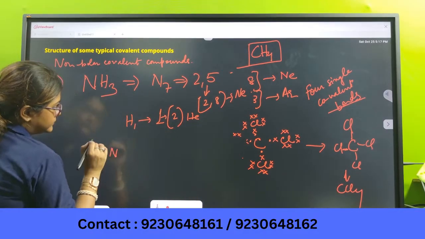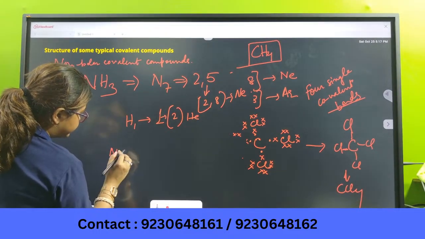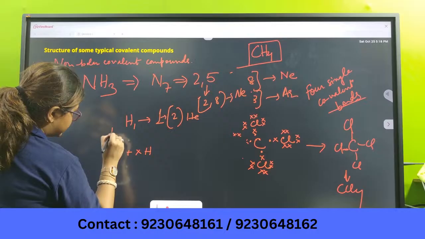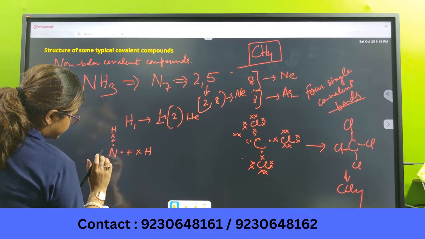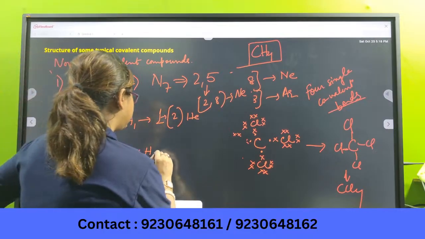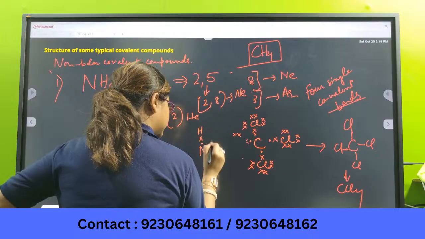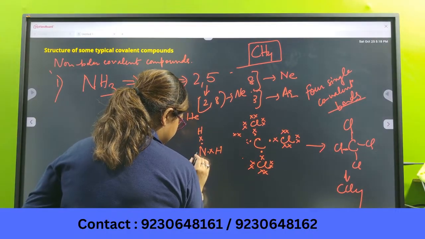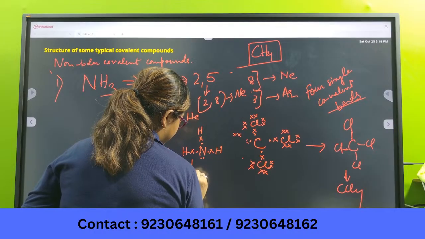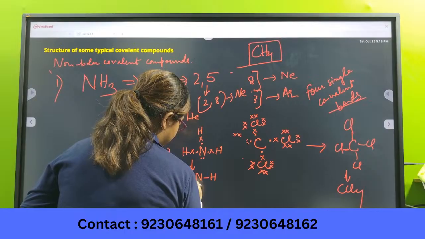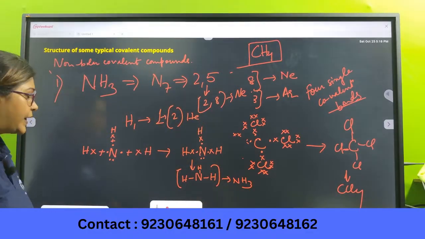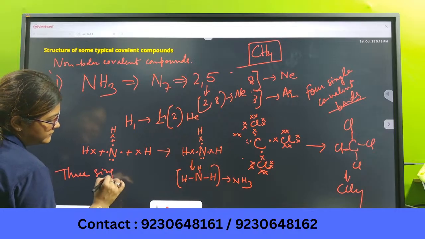So nitrogen is 5, right? So ammonia is a covalent compound with 3 single covalent bonds in it.